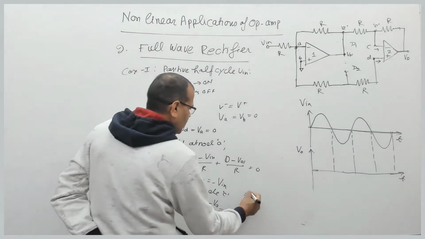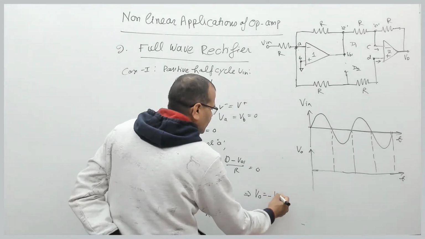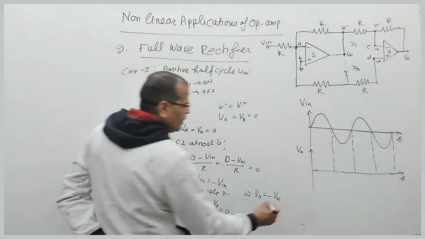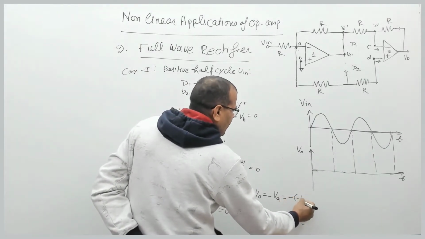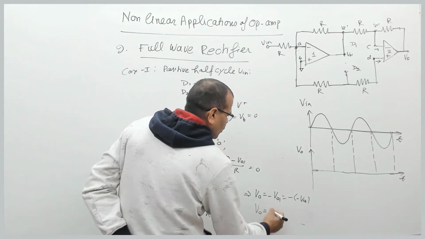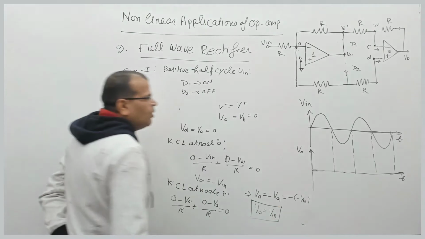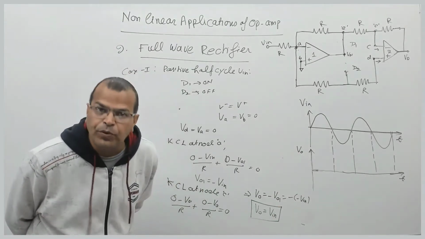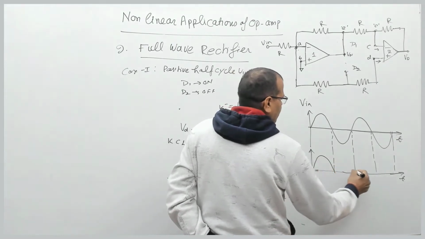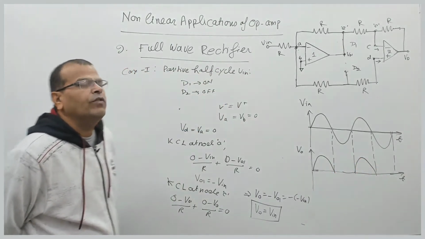This gives the output voltage V0 equal to minus V01. And you know what V01 is? V01 is minus Vin, so V0 is equal to minus of minus Vin. So that means the output voltage is the same as the input voltage during the positive half cycle of the input voltage.